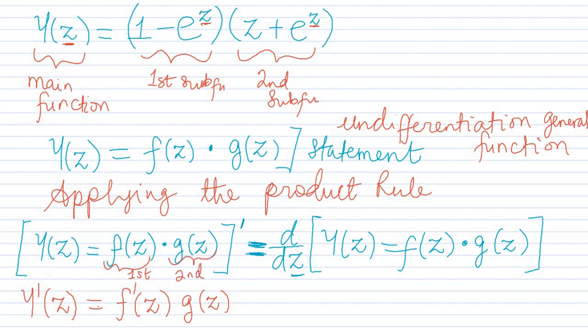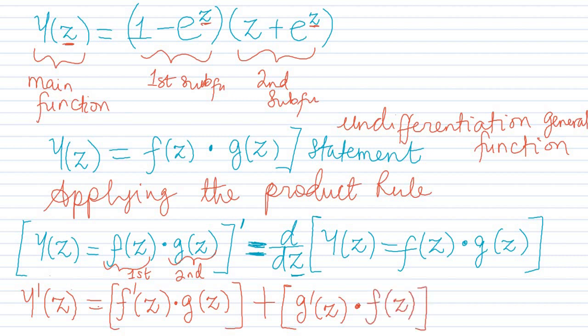And I'll advise you to always label it in your work. So you have the derivative of the first subfunction multiplied by the underived second subfunction, plus, so we put all of this in a bracket, plus the derivative of the second subfunction, so g prime of z, multiplied by just the first subfunction, f of z.